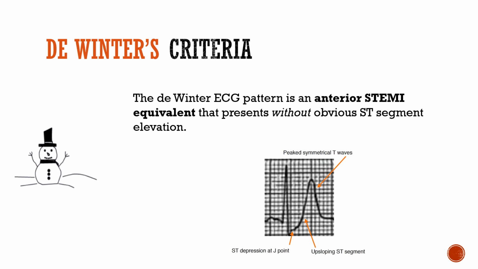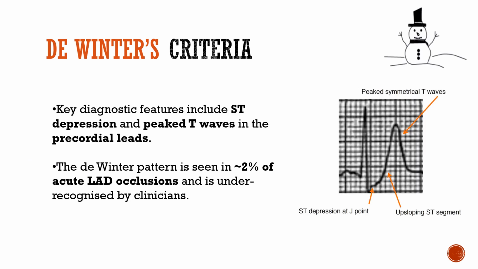During this pattern, we see peaked symmetric T waves and ST depression at the J point with an upsloping ST segment. As previously mentioned, the key diagnostic features include ST depression and peaked T waves in precordial leads.